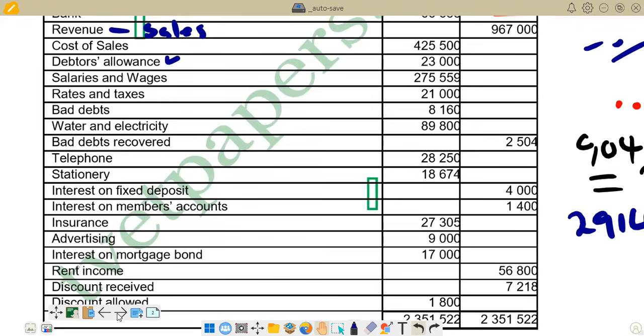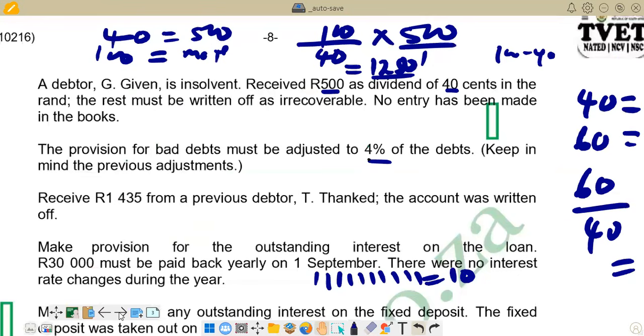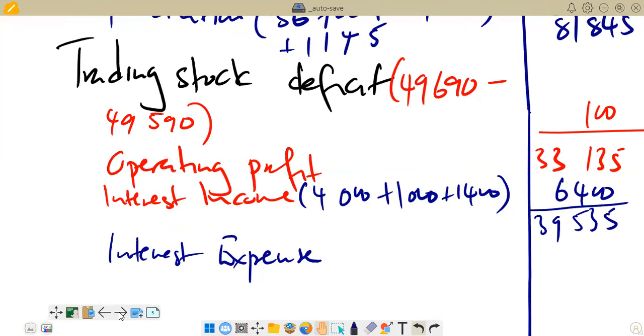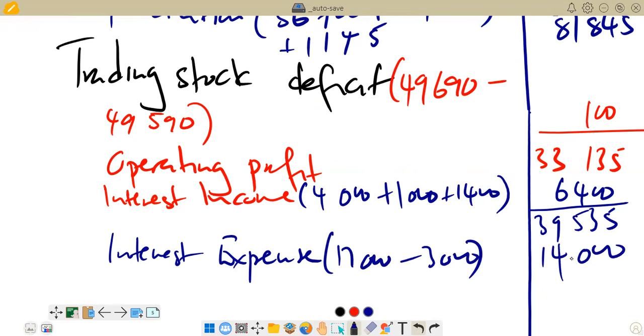So we go there and summarize that. So if you come here now, we are saying interest expense. We say 17,000 minus 3,000. Then we get our 14,000.